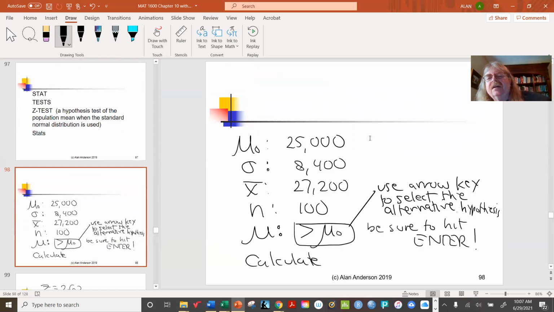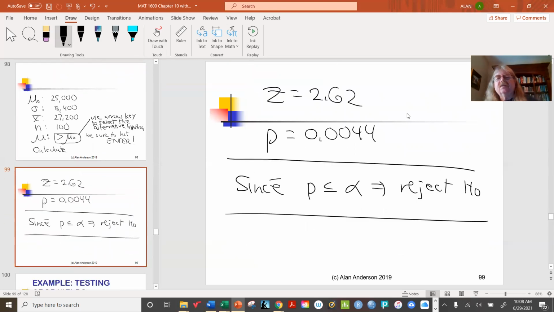So yeah, that's how I know that it was right the first time, because the calculator is saying that it's 2.62. It's doing everything for you. You don't have to do any work. You don't have to calculate the test statistic. You don't have to calculate the p-value. You just type in all those numbers: 25,000 for the mean, standard deviation is 8,400, the sample mean is 27,200, the sample size is 100, and it's a right-tailed test.